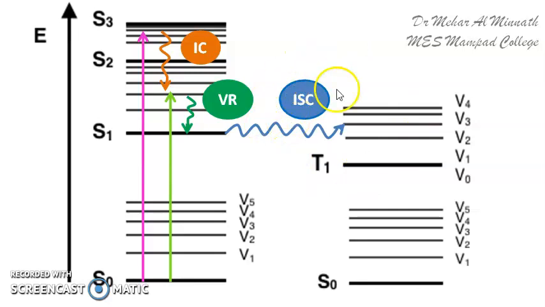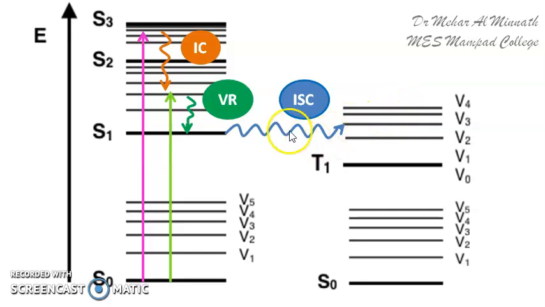This is also a non-radiative transition, but it involves spin flipping. Earlier, the system was in the singlet state, now the system is in the triplet state, where the electrons are unpaired, that is, the electrons are in the same spin, parallel spin. In the singlet state, the electrons will be in anti-parallel spin, while in the triplet state, the electrons will be in parallel spin.